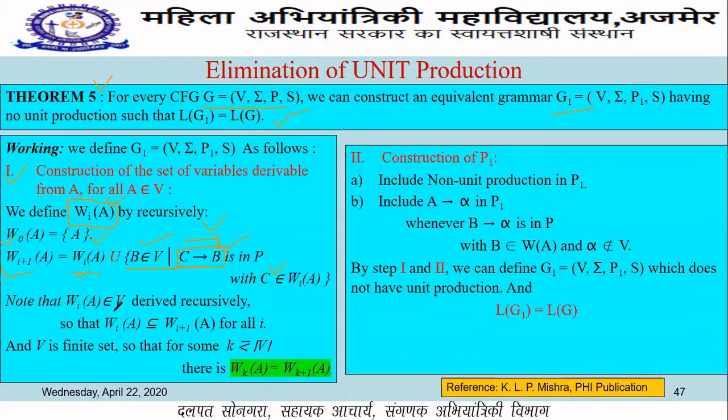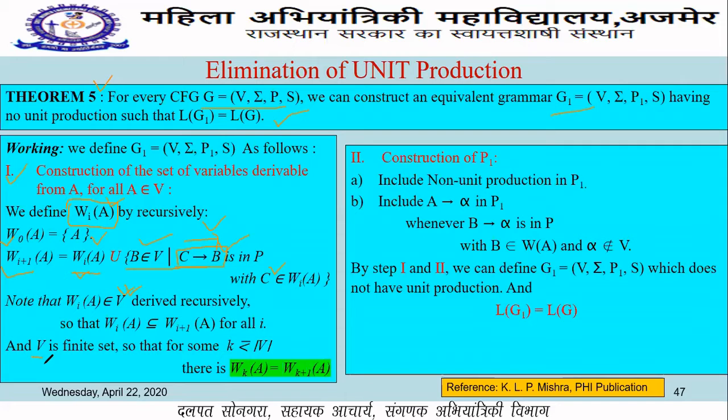Like this we find all the variables which are derived by A, and of course this set Wi of A belongs to the set of variables, because it always contains variables from the variable set V. One more thing, each Wi of A is a subset of its successor, meaning W0 is a subset of W1 and W1 is a subset of W2, like this. And of course we know that V is a finite set of variables.